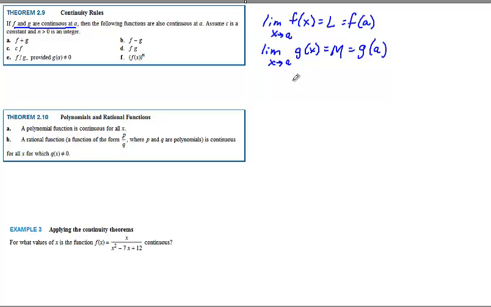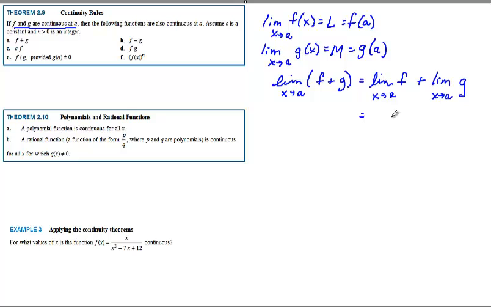Therefore, I'd like to know about the limit as x goes to a of this combined f plus g. And I'd like to know what this would be. Well, I know that I can use the limit laws to say that it is the limit as x goes to a of f plus the limit as x goes to a of g.